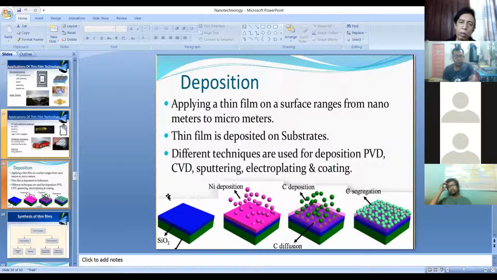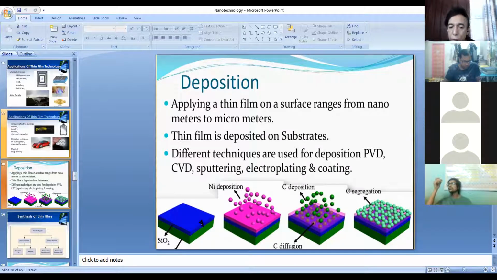For example, you see, let us suppose this is a substrate. The green one is the substrate. On that green substrate, you have prepared a thin film of silicon dioxide. Why is it a thin film? Because you see this width is in nanoscale, for example 10 nanometer or 20 nanometer.